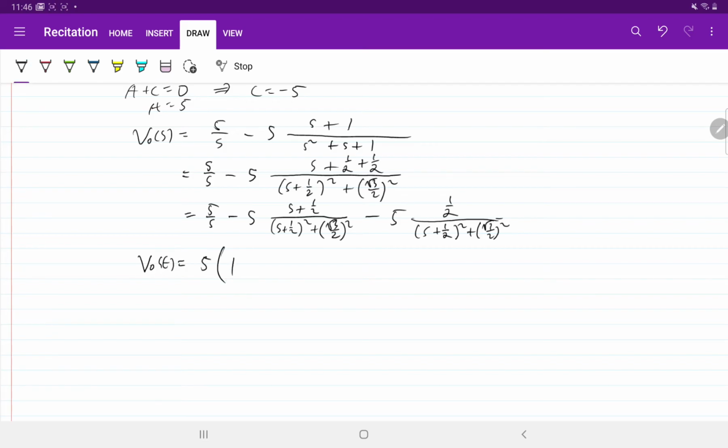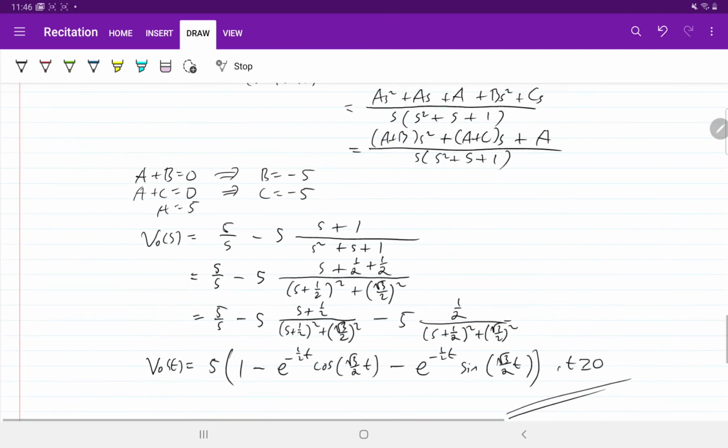So this is 1, and this must be cosine: e to the power minus 1 half t cosine of square root of 3 over 2 t, then minus e to the power minus 1 half t sine of square root of 3 over 2 t, for t greater than or equal to 0.